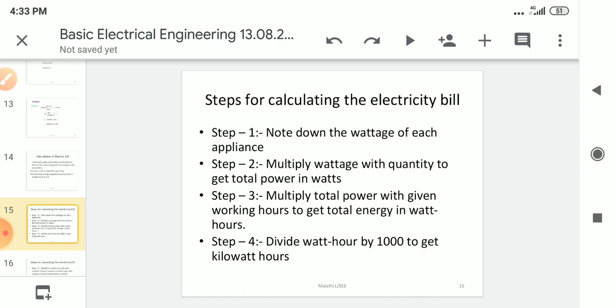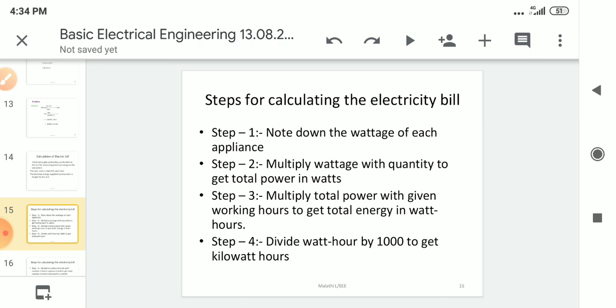Next, multiply that wattage with quantity to get total power in watts. This means, if we have 4 fans in 4 rooms in your house, then with 50 wattage, for example, 50 into 4, since there is not a single fan but 4 fans. Multiply wattage with quantity to get total power in watts.